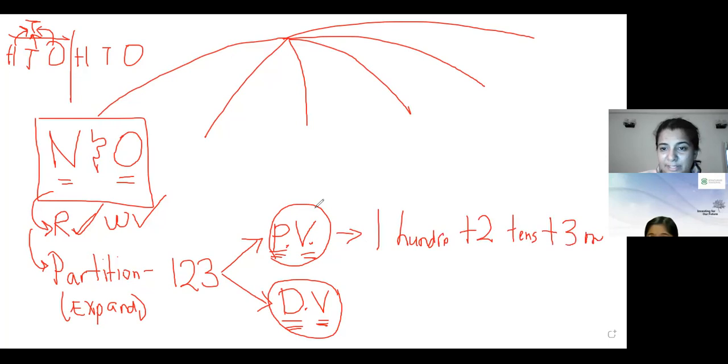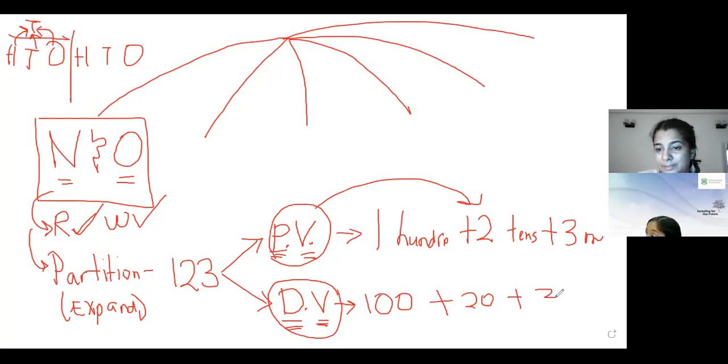This is place value, partitioning. Digit value instead, you just have to write 100. 100 means 100 plus 20 plus 3. Now, it's very important. Sometimes students forget to write this plus. You need to remember, you need to write this plus symbol. Okay, so there's 2 ways you can do it, place value or digit value, depending on what the question asks.